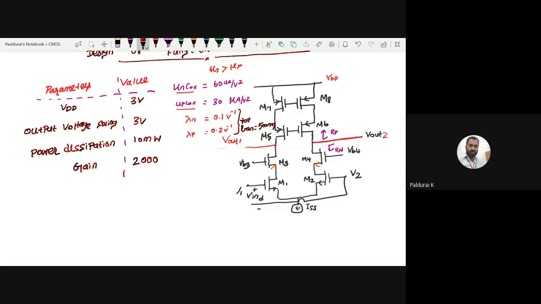What is the relation between lambda and length? Both are inversely proportional or directly proportional?